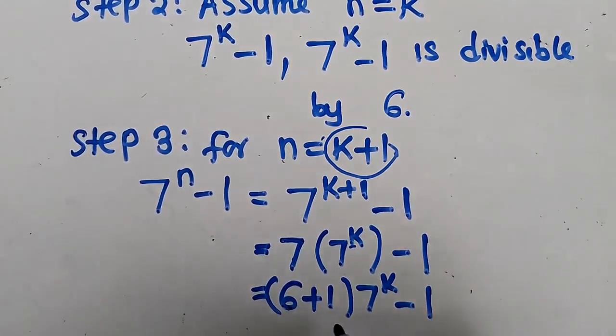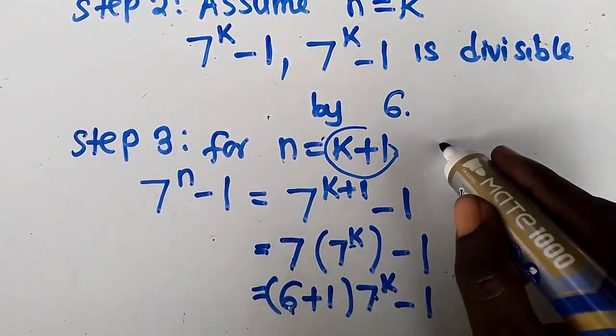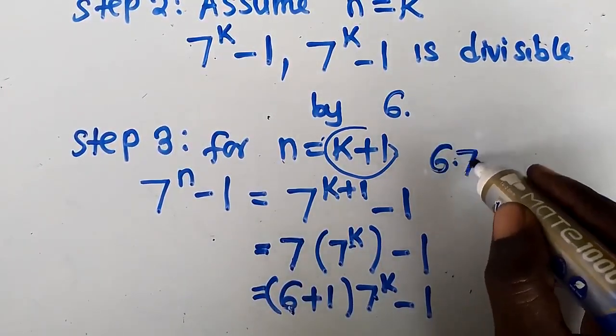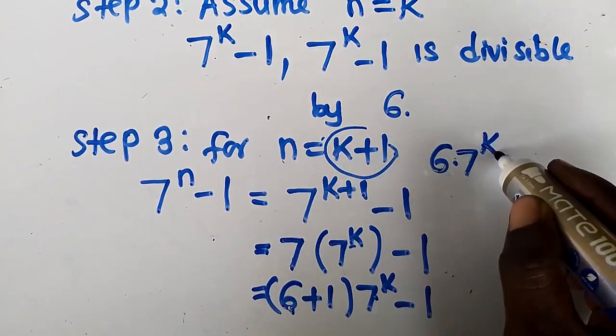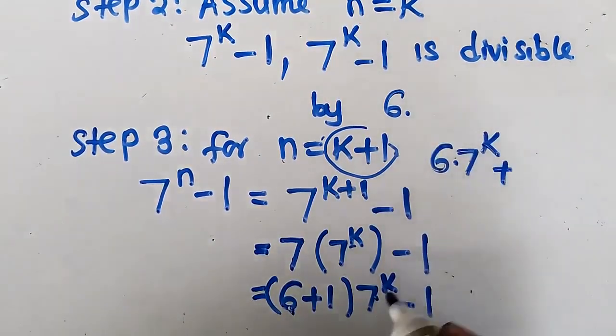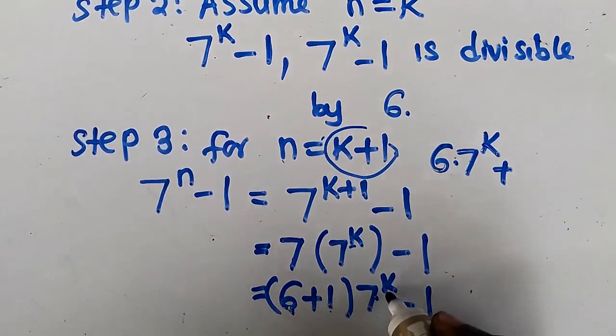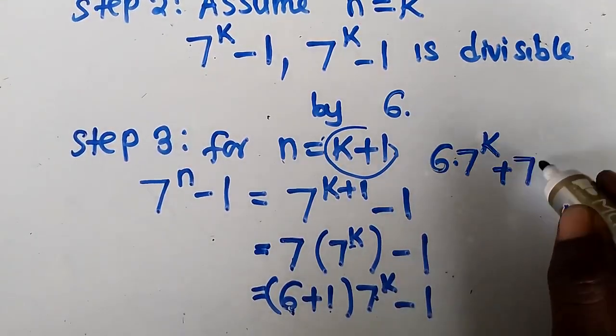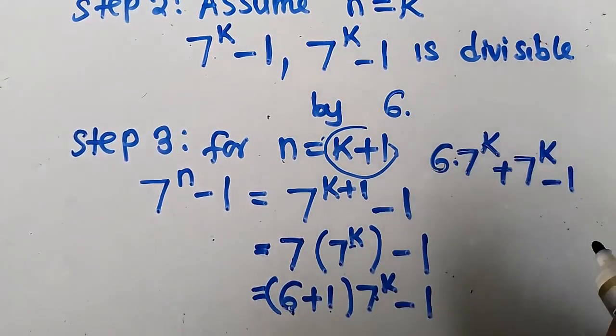So once you reach here, you get to multiply. We are going to multiply this one: 6 times 7^k, then plus the 1 being multiplied by 7^k, then minus 1.